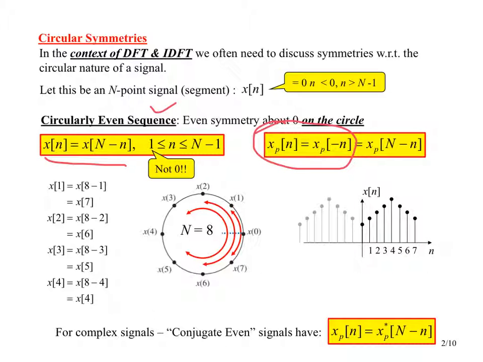Once you set this characteristic in place, it's easy to verify that that follows, and we can also see what that means in this circular viewpoint.